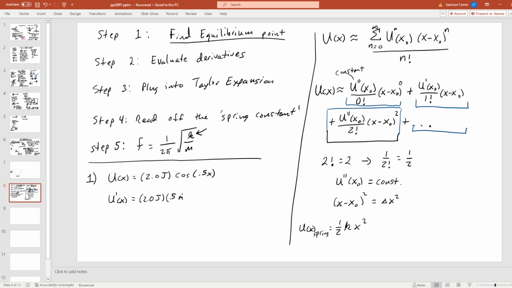And this is inverse meters to make the cosine argument unitless. And the derivative of cosine is negative sine. Okay. And then we set this equal to 0, and first things first. Negative 2 times 0.5 is just 1.